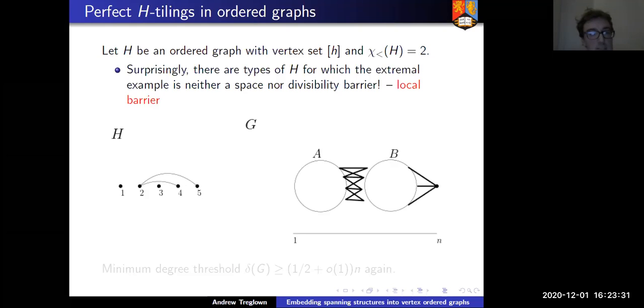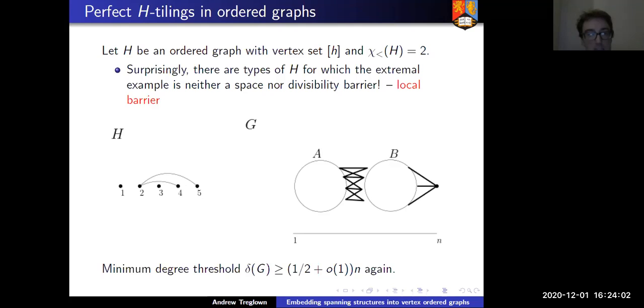So this graph H here is an example of a local barrier construction. You can check it was not in any of the previous cases. For these types of H, minimum degree n over 2 in an n vertex graph, at least asymptotically, being sufficiently above that forces a perfect H tiling. And again, n over 2 is best possible here.